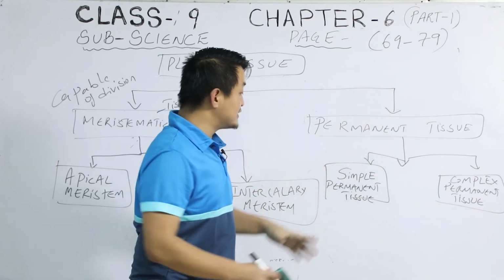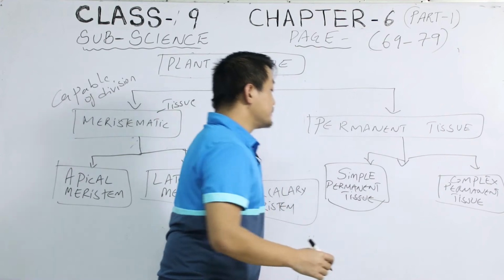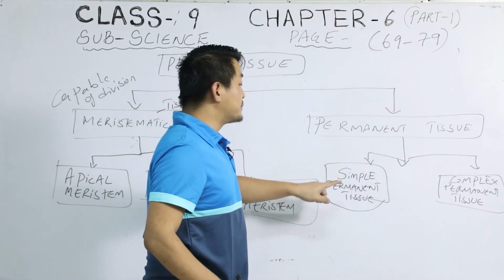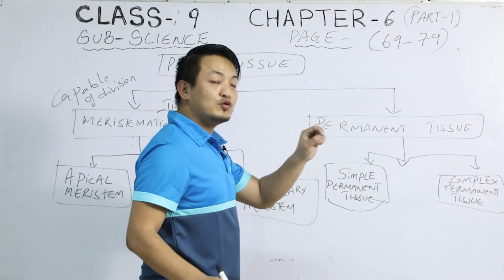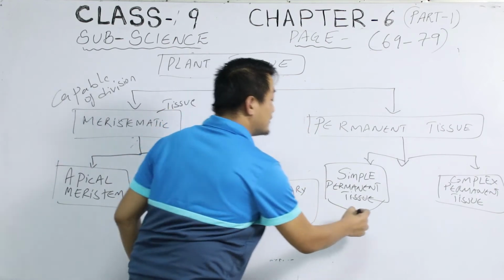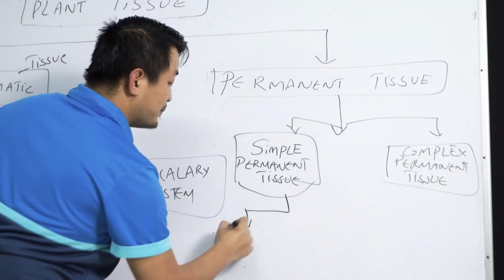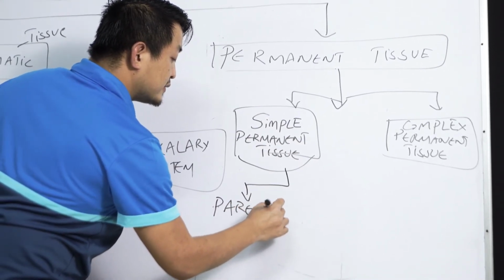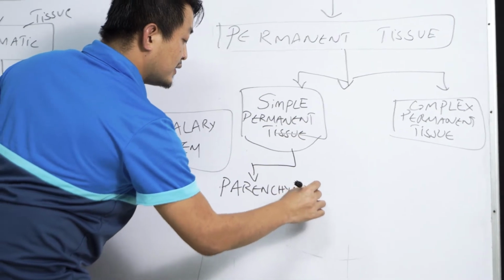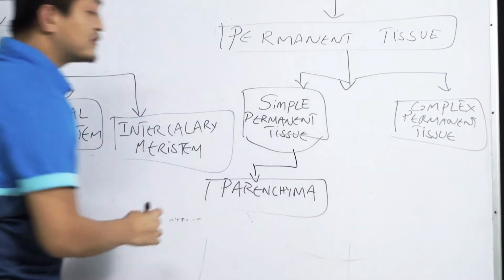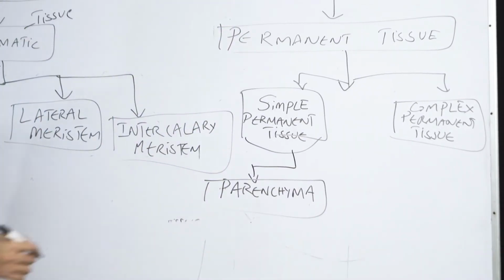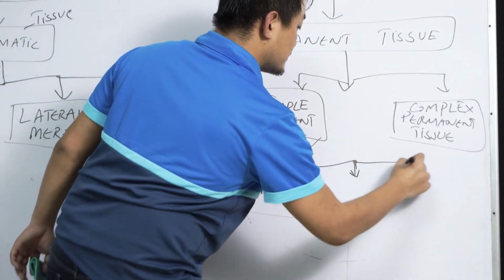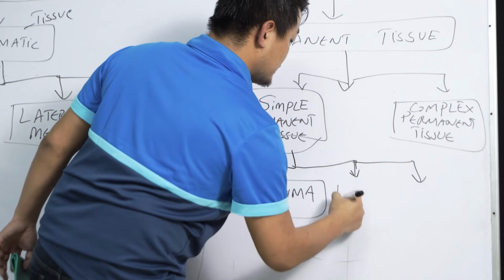Under the simple permanent tissue, sometimes you might be asked what the different types of simple permanent tissue are, so you have to know the names. Get familiarized with the names. The first type of simple permanent tissue will be parenchyma.